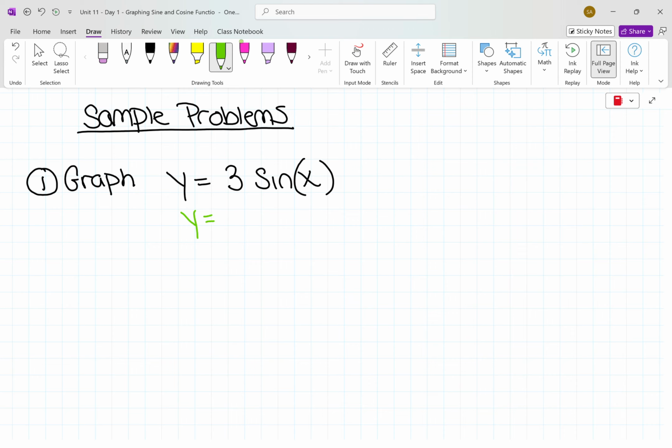So this is a pretty simple one, but they're not always going to be this simple. So what I usually like to do is write down the formula for this. A times the sine of b times the quantity of x minus h plus k.